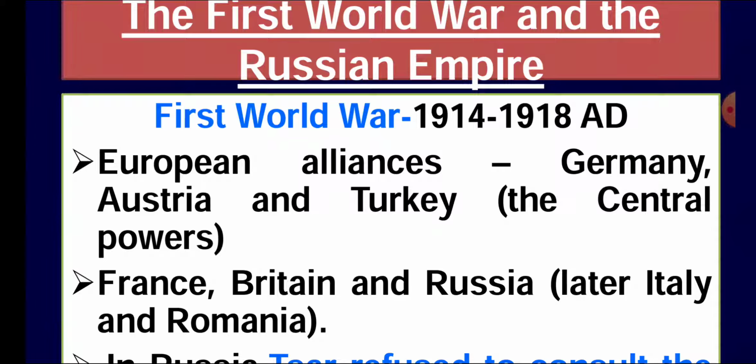Ultimately, two groups were formed. On one side there were Britain, France, Serbia and other countries, and on the other side Austria, Hungary, Germany, Turkey and other countries. So on 28th of June 1914 this First World War began.